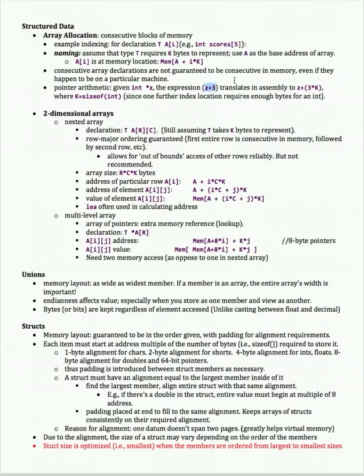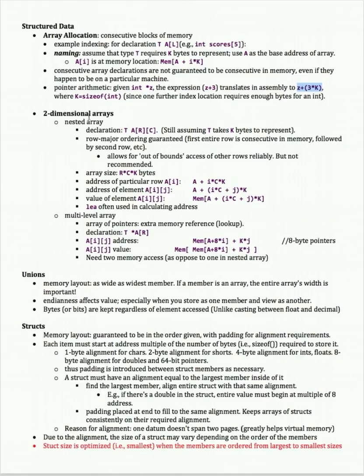However, everything is accessed in bytes in assembly. So what was happening behind the scenes when we do this pointer arithmetic is this: assuming that the size of the element or member is k, we add 3 times k to Z.